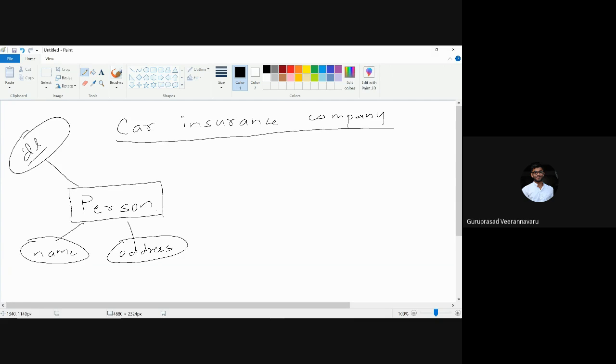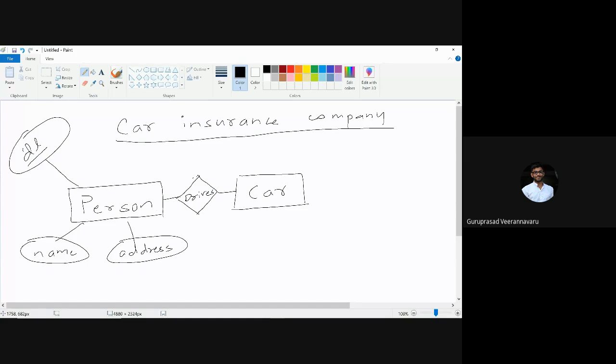If the driver is one person, what does he drive? He drives a car, right? So car can be another entity. So we have person and we have a car. What is the relation? Relationships are put in a rhombus, and let's say person drives car.